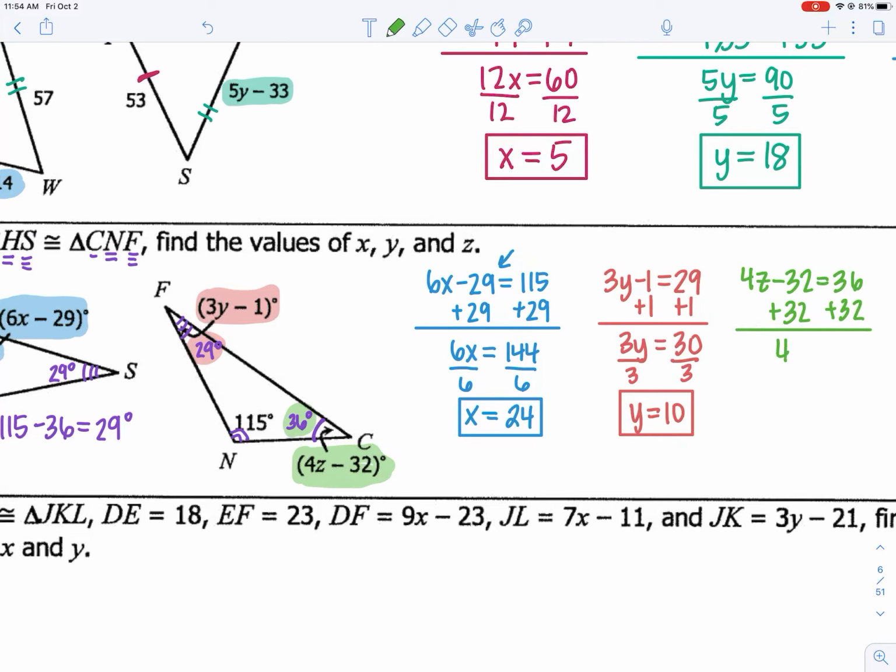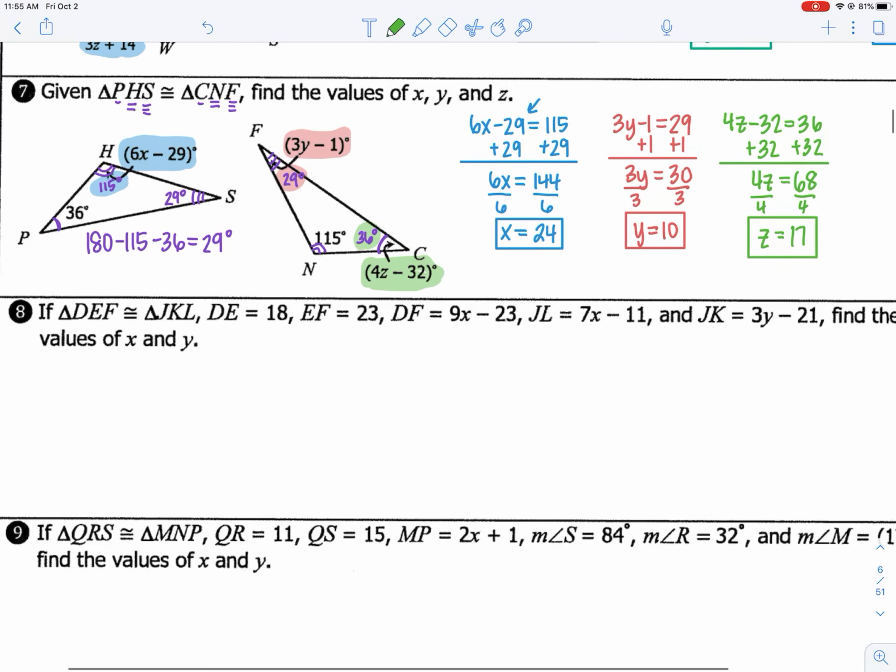We'll have 4z equals 68. Divide by 4, and you'll get z equals 17. So there we solved for x, y, and z. So that is how we do congruent triangle measures.